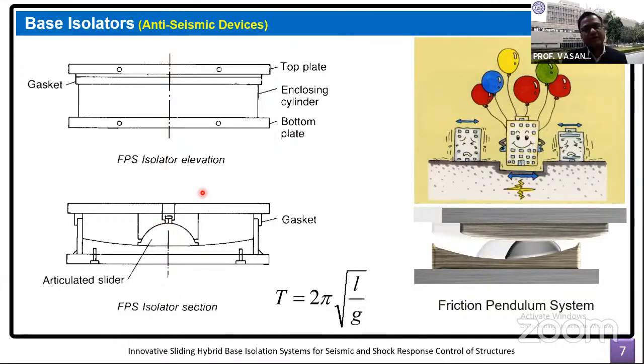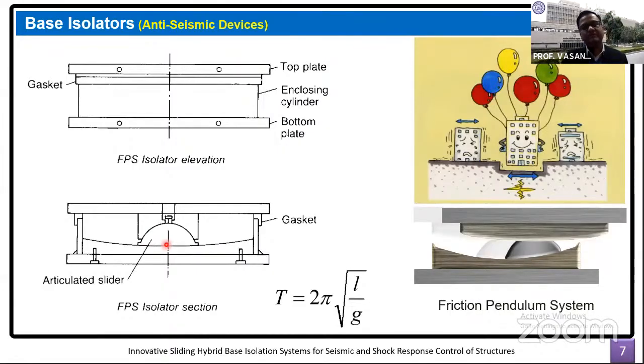Again, there have been some apprehensions about what will happen, for example, when this slider oscillates for a few cycles. In the initial cycles, the friction might be in the range of, let us say, 5%, but later on the friction may reduce because of the wear and tear of these two sliding surfaces against each other.